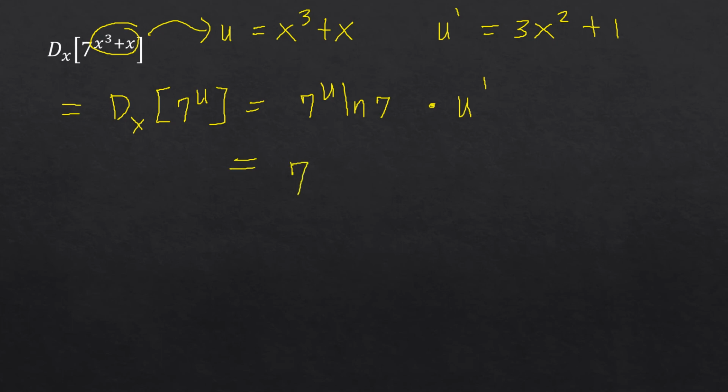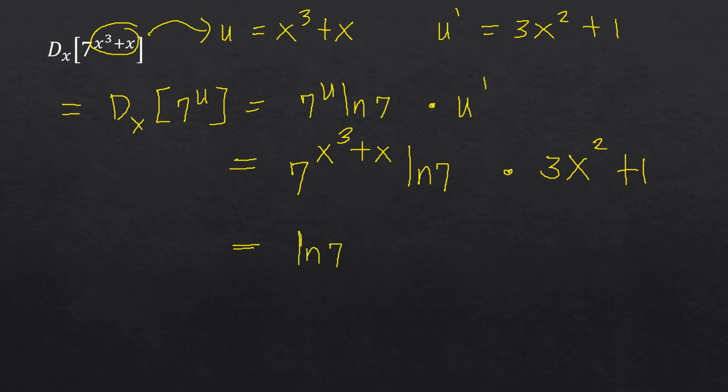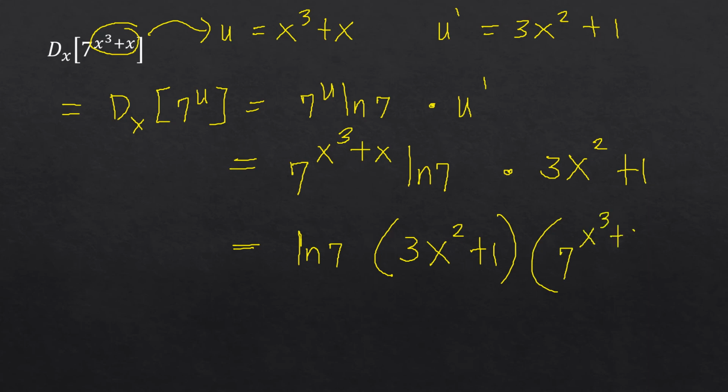Substitute, let u be equal to x cubed plus x, 7 raised to x cubed plus x ln of 7 times the derivative of u, which is 3x squared plus 1. So our final answer will now be, you can separate the constant, ln of 7 times 3x squared plus 1 times 7 raised to x cubed plus x. Remember that you don't exactly need to expand this because it factored out would be better.